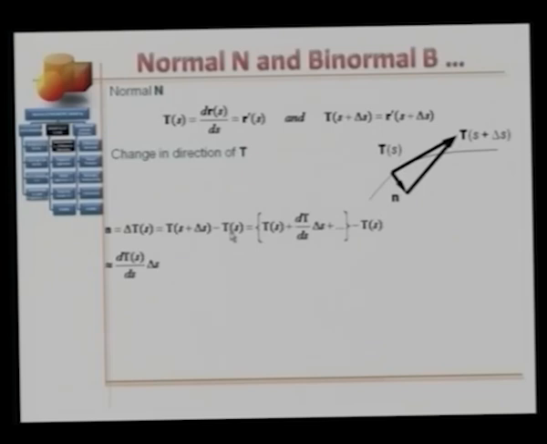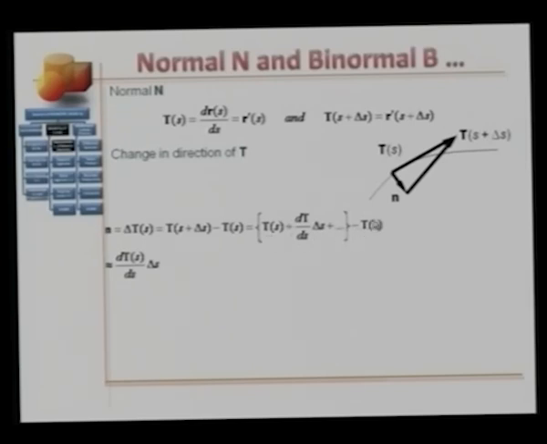We can use the Taylor series expansion to expand this expression, t of s plus dt over ds times delta s plus some higher order terms minus t of s.